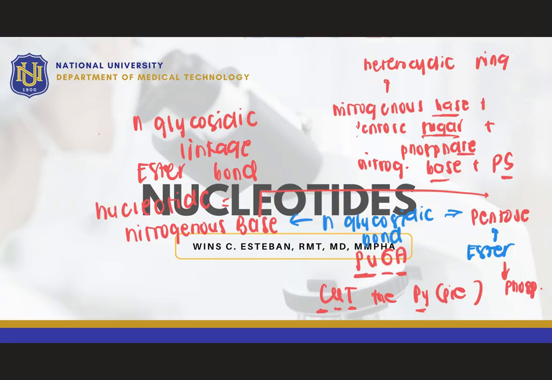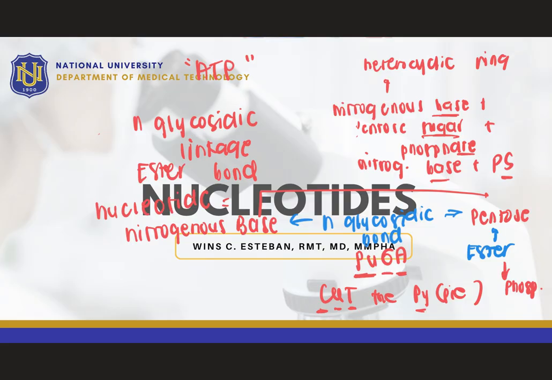And ano pa, pwede rin siya maging second messengers in signal transduction pathways. But what I want you to remember is your ATP. 'Di ba? ATP is our energy. So ATP is the most abundant free nucleotide in mammalian cell. Again, ATP is the most abundant free nucleotide in your mammalian cell.